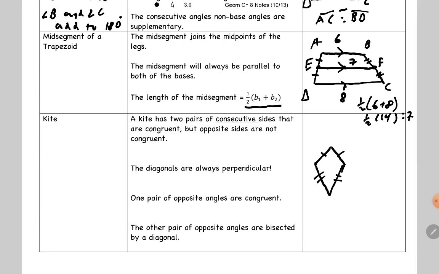The diagonals are always perpendicular. So this line and that line create right angles, 4 right angles. One pair of opposite angles are congruent.